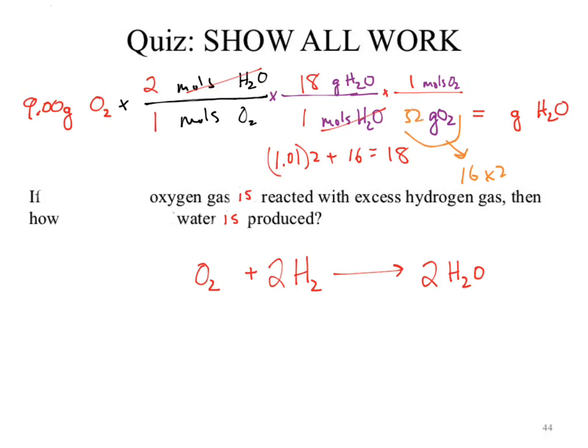Now if we go through and check our units, moles of O2 cancel, grams of O2 cancel, and we'd be left with grams of H2O. We now have the answer. All of that needs to show up to get full credit. The order does not matter. It's whichever you see that moves you through it. And that's fine.